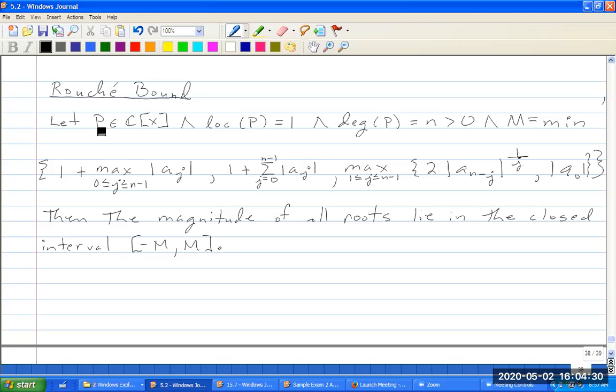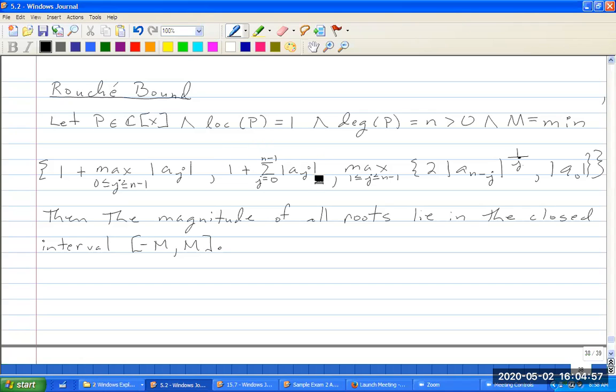Let M be the minimum of these 4 values. 1 plus the maximum of the absolute value of these coefficients, except for the leading order coefficient. The same bound that we had, this is just the M from above, so the 1 plus M here.